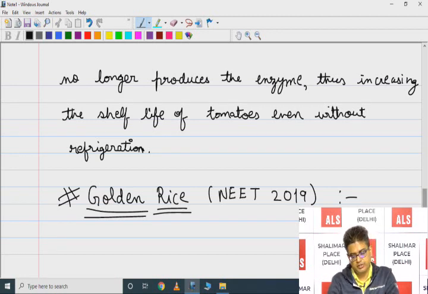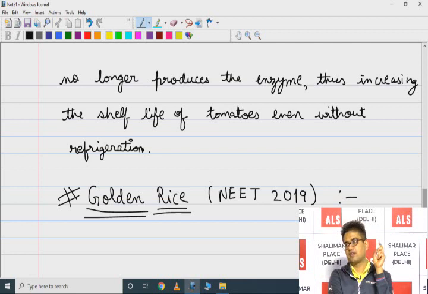Before I go into this detail, let me tell you what happens. Do you know what is responsible for the color of carrots? What is the chemical substance, the name of the pigment?